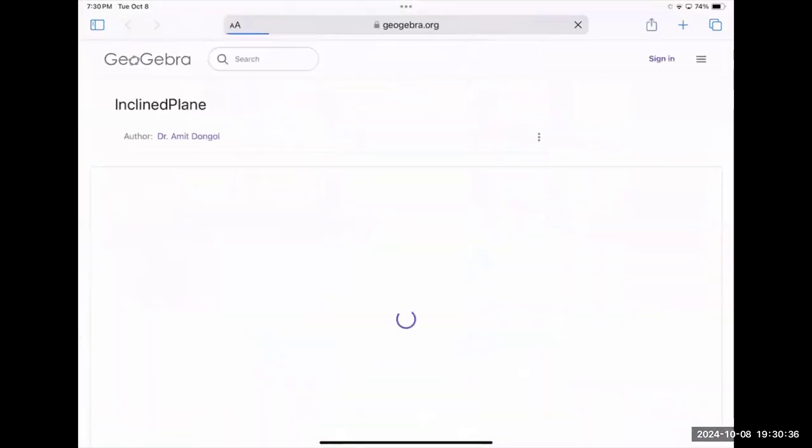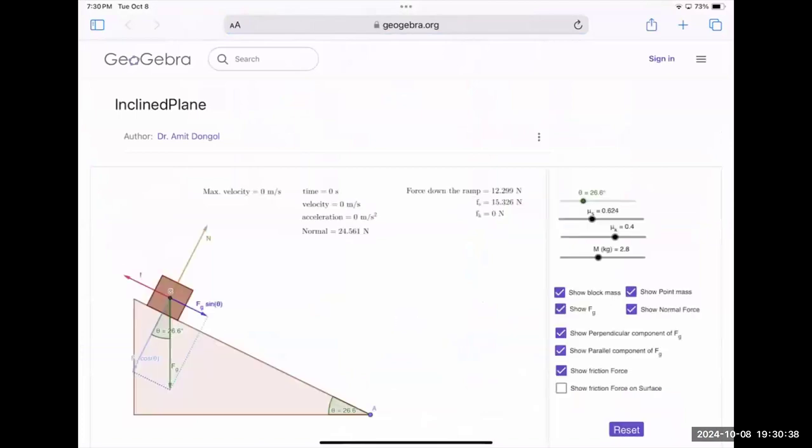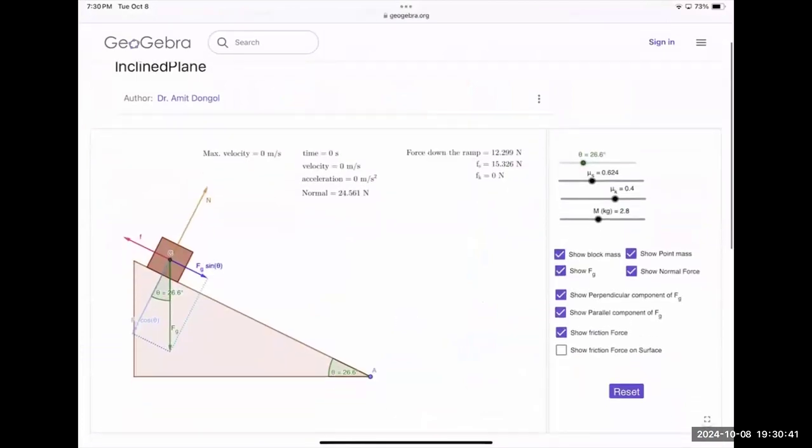First angle. In this one here, you can play with it.